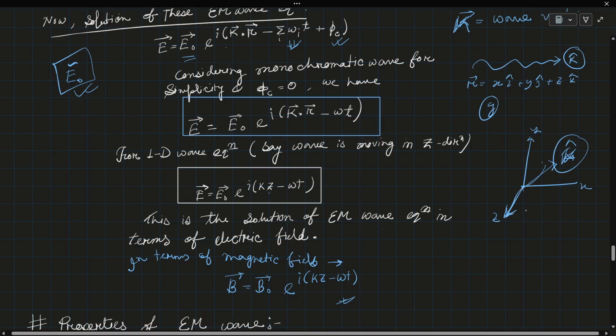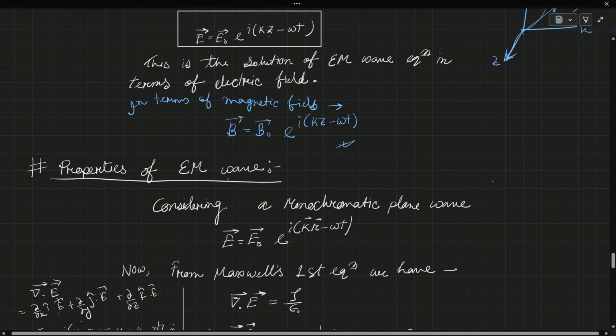So if the wave is moving in the z direction, then k dot r will be replaced by kz. How is this happening? Let me write it down. If the wave is moving in the z direction, then what is k?